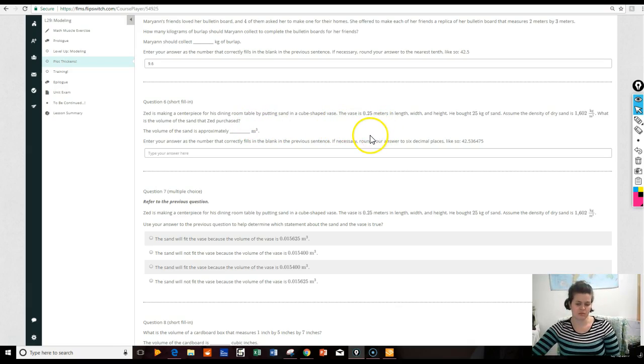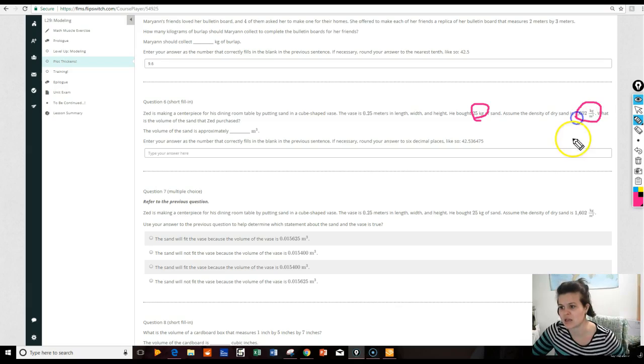Okay, so we have that he bought 25 kilograms of sand, and here is our density of dry sand. Now it's kilograms to meters cubed, and volume is in meters cubed.